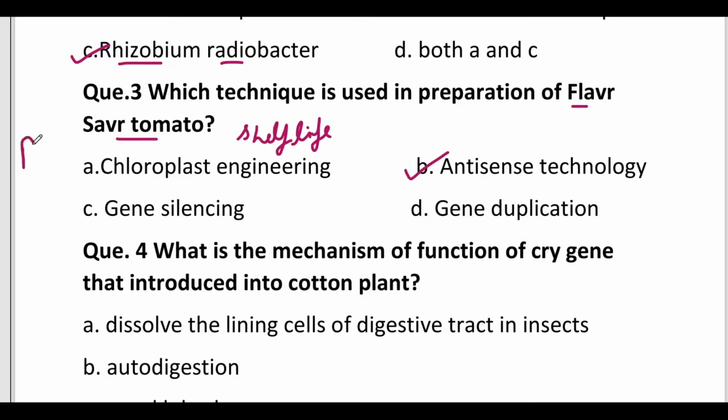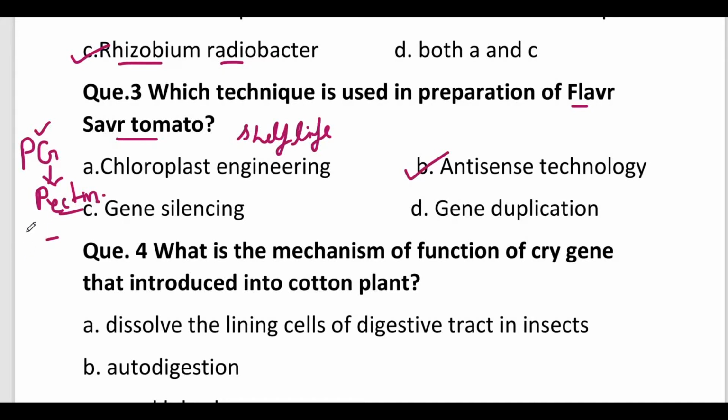What is the mechanism for this? First, one enzyme is PG, that is polygalacturonase. This enzyme digests pectin present in the cell wall of tomato, and pectin digestion is responsible for the ripening of tomato. If we antisense the PG gene, then digestion of pectin will go slowly.